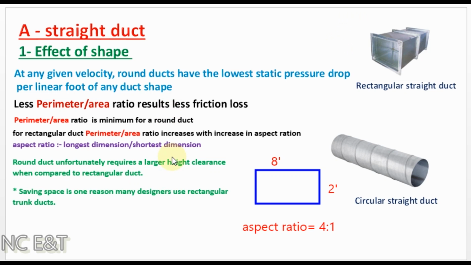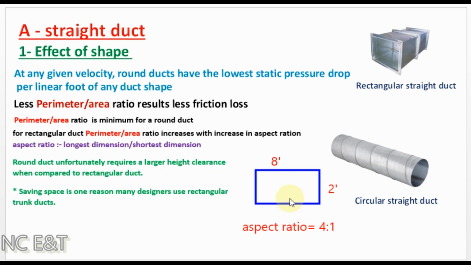For a rectangular duct, perimeter area ratio increases with increase in aspect ratio. What is aspect ratio? Aspect ratio is the longest dimension divided by the shortest dimension. You can see in this picture we have a duct. Its longest dimension is 8 feet and shortest dimension is 2 feet. So the aspect ratio for this duct will be 4:1.